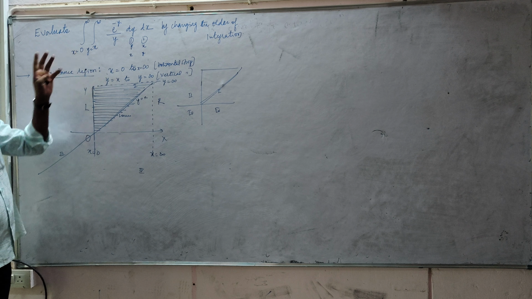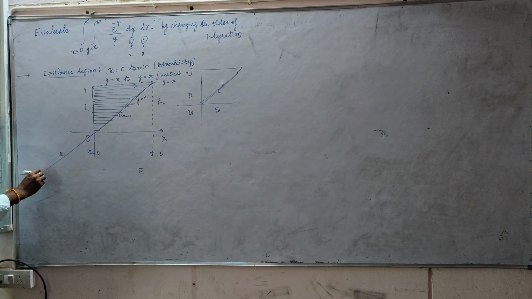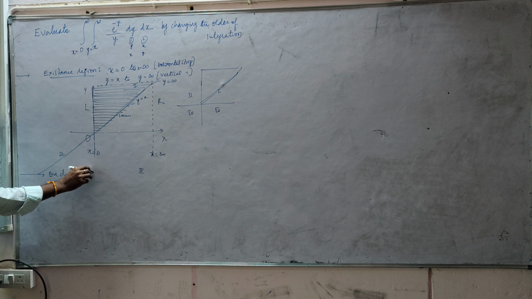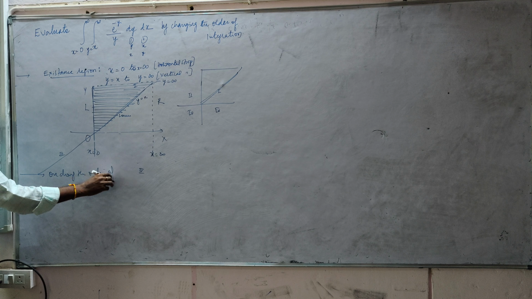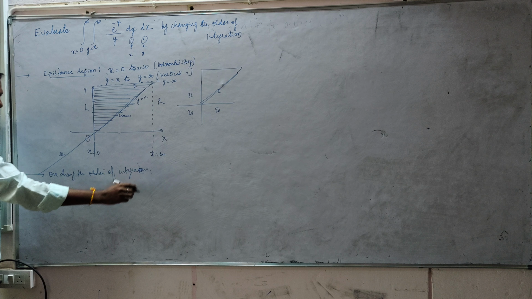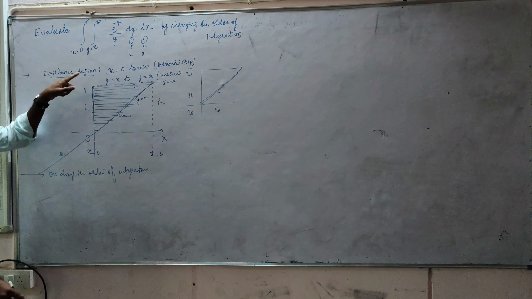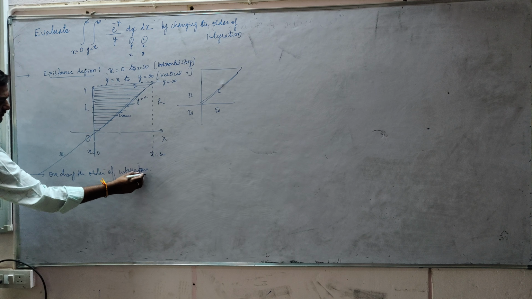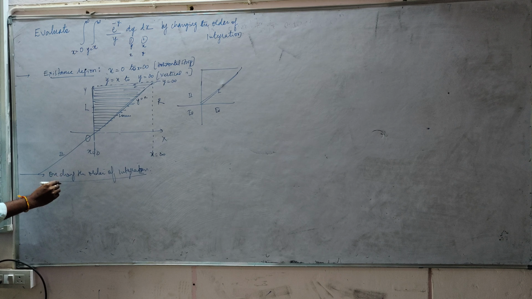Now I am going to change the order of integration. On changing the order of integration, what is the horizontal strip?